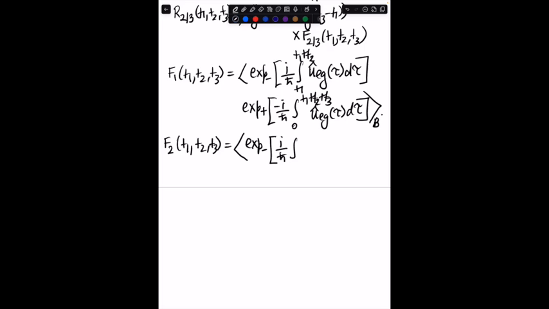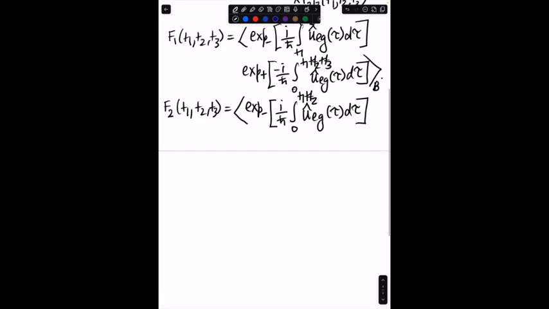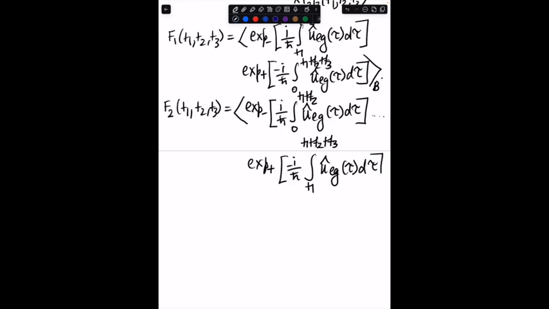For F2, the negative time ordered exponential runs from 0 to T1 plus T2, and dot dot dot, and then the positive time ordered exponential runs from T1 to T1 plus T2 plus T3, of U Eg tau d tau.